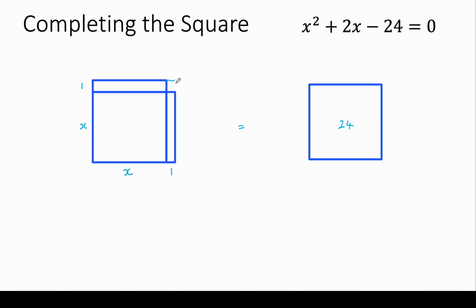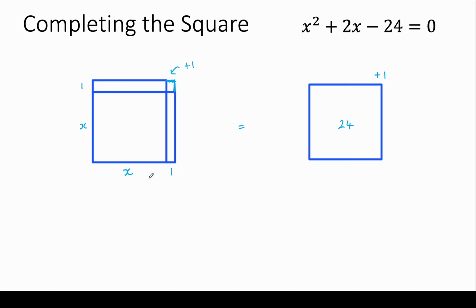I'm going to get this last little square here. And what is that? Well, just look at the dimensions. It's 1 times 1. So it's plus 1. And I have to make this consistent with my equal sign. I have to make sure there's a plus 1 on the other side as well.